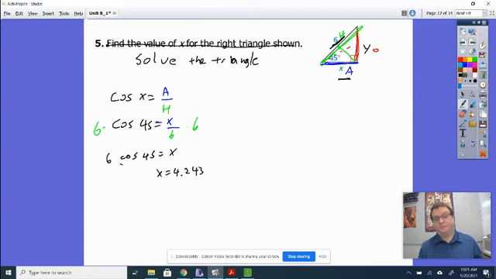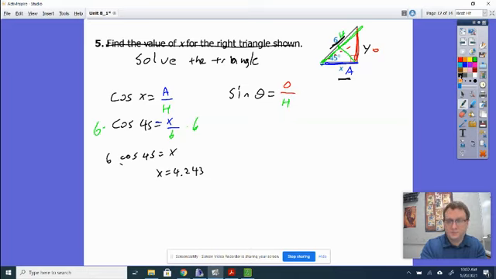Okay. Now, I know what you're thinking. Some of you, this is a 45-45 triangle. Okay, so those two sides are going to be the same. But let's solve it out for those people who don't see that. Okay. So again, we're going to do opposite and hypotenuse. So that's going to be sine. So sine of theta is equal to the opposite over the hypotenuse.